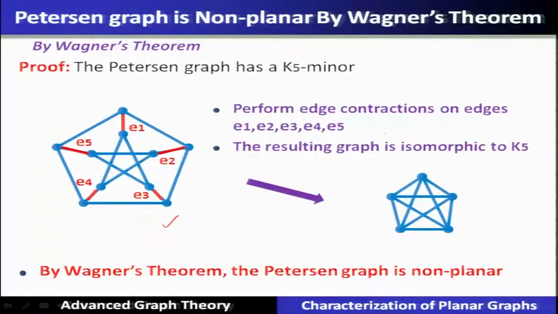We will perform the edge contractions on different edges shown in the red color. The resulting graph is isomorphic to K5. So, Wagner's theorem has proved that this Petersen graph is non-planar. So, we have seen that Petersen graph is non-planar by two different ways, that is by Kuratowski's theorem and Wagner's theorem.